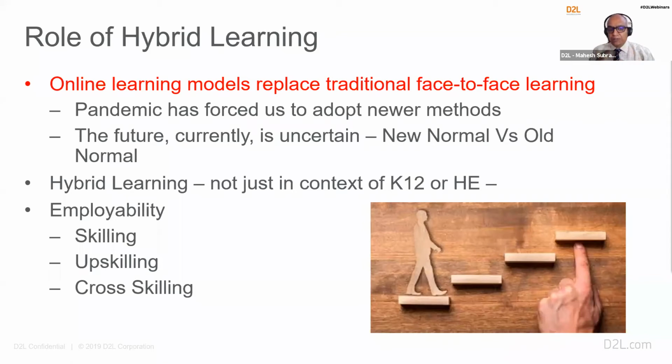But at the same time, hybrid learning can also be used in the corporations, right, organizations, especially when it comes to skilling, upskilling, and cross-skilling of employees, right, that allows an organization to grow and focuses on its most important resource. It's people.